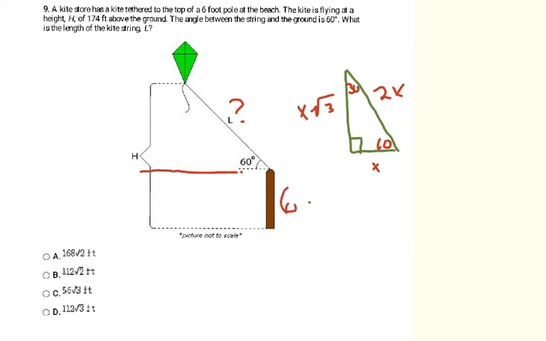And I also know that this is a 6-foot pole. But if I'm looking at just the triangle, I don't want to factor in the height of the pole. I want from the pole to the kite, I want to find that height. So I'm going to have to subtract 6 from this 174, which is 168. So my height here is 168.